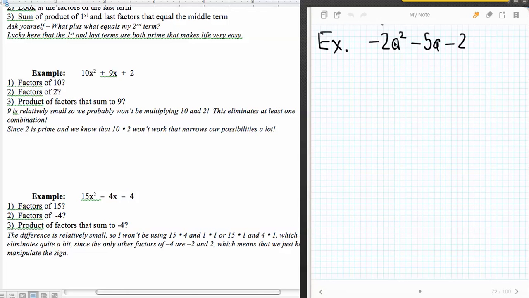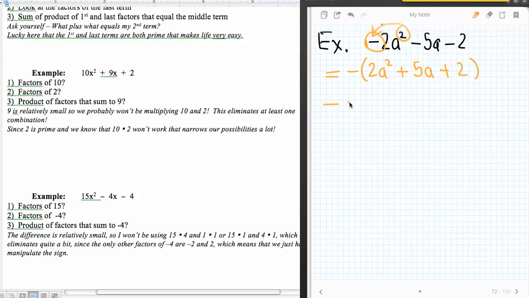All right, now this one, look at that. That x squared one, I don't want it to be negative. So the first thing I'm going to do is take that negative out, which will leave me with a positive 2a squared and a positive 5a and a positive 2. And then finally, I can think about this. 2 times 2 is 4, and 4 plus 1 is 5.